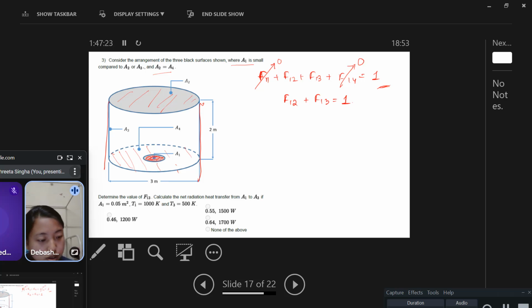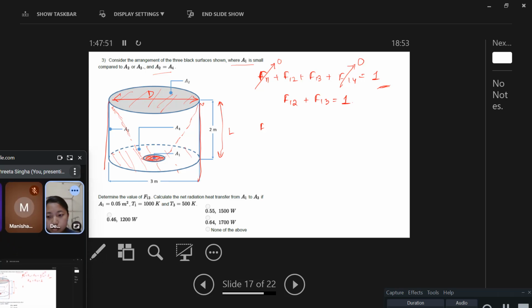Now we will use the concept of the coaxial disk, for which the formula was given. So this is the coaxial disk, suppose this small one and this bigger one. This was L, and this bigger circle diameter was D. So we got F12 is equal to D square divided by D square plus 4L square.